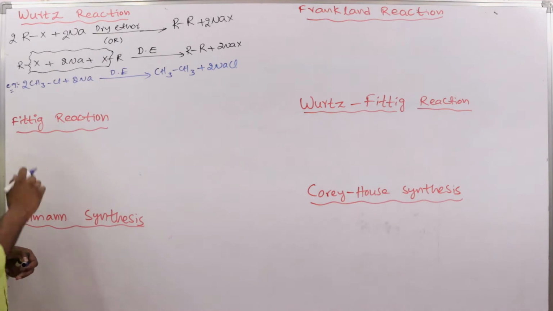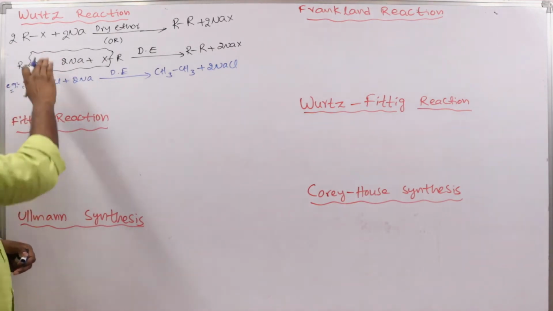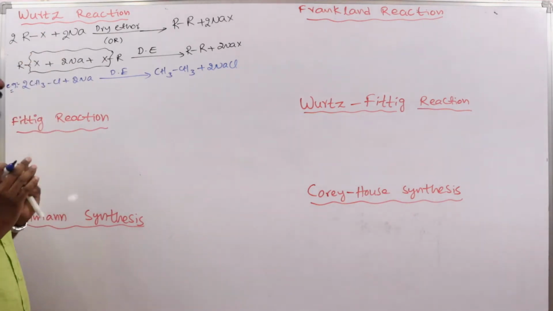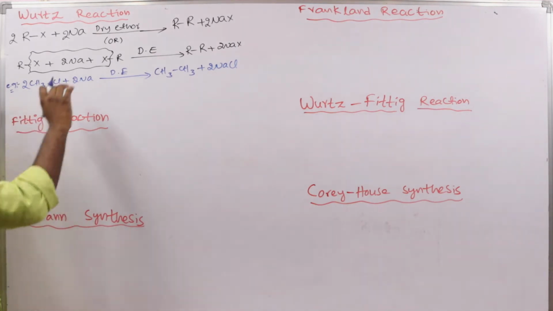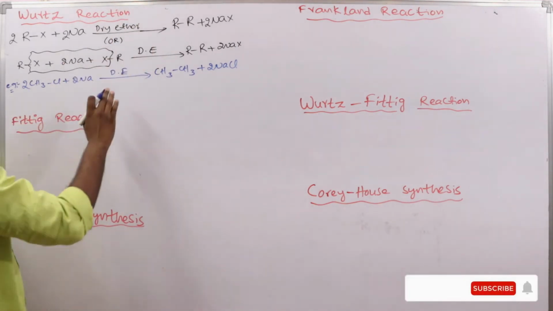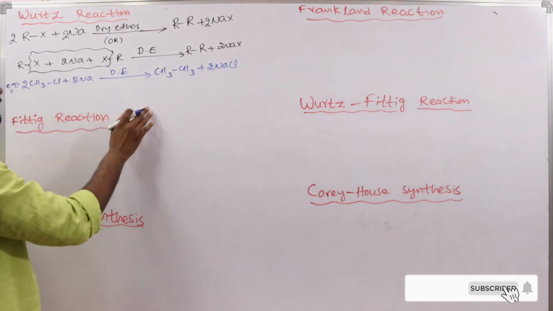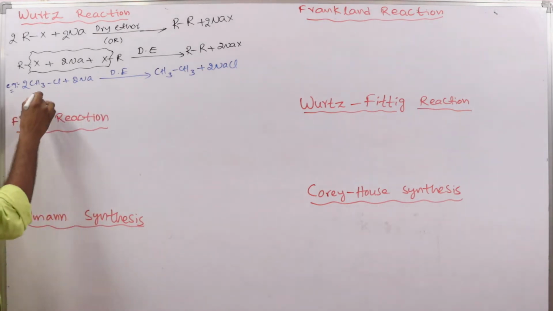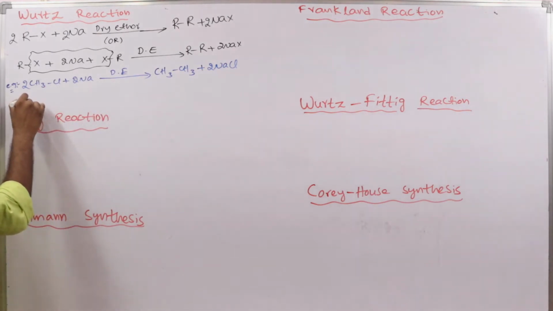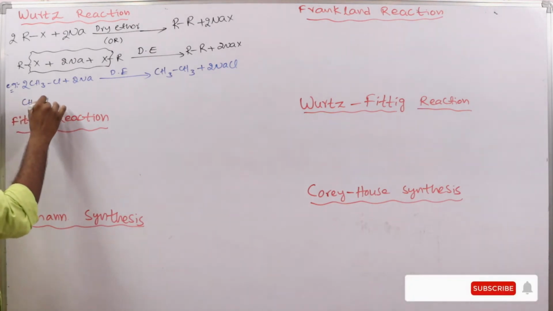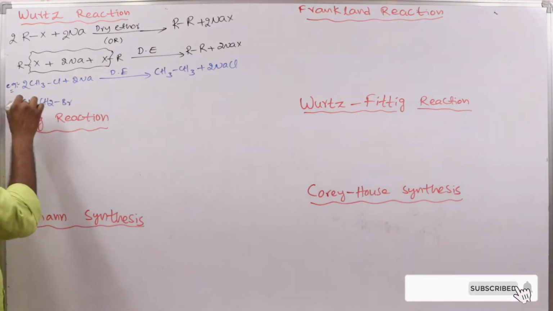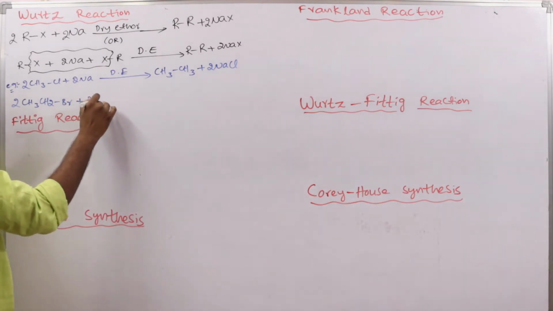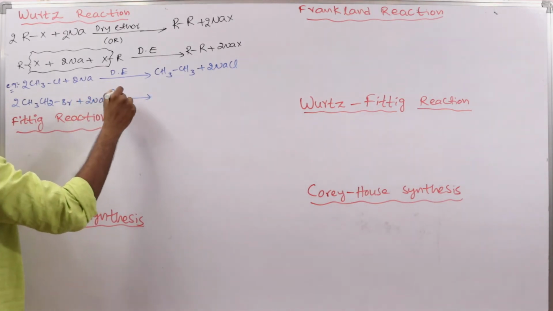This is the general reaction. Whatever the alkyl group, whatever the halide, overall there is a bond formation between carbon and carbon, and sodium halide is formed. Another example: CH3CH2Br plus 2 moles of sodium in dry ether.